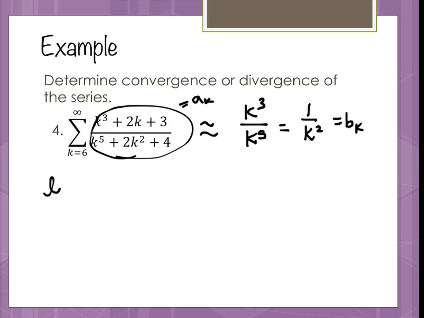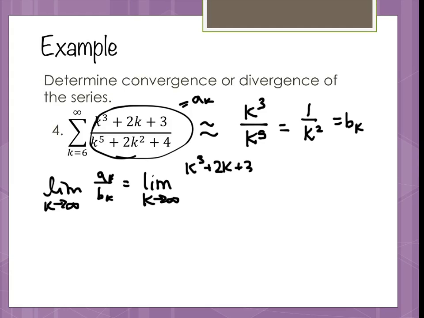And so we're going to take the limit as k goes to infinity of a_k over b_k. In other words, the limit as k goes to infinity of k cubed plus 2k plus 3 over k to the fifth plus 2k squared plus 4, and all of this is over 1 over k squared.